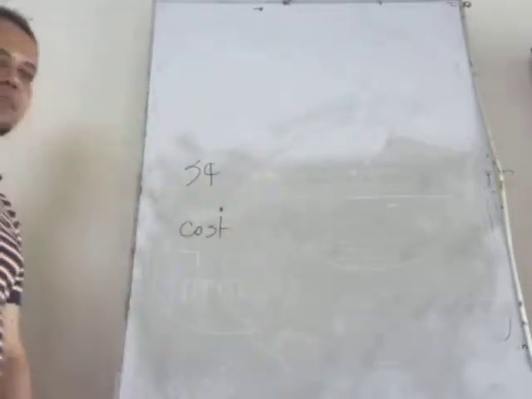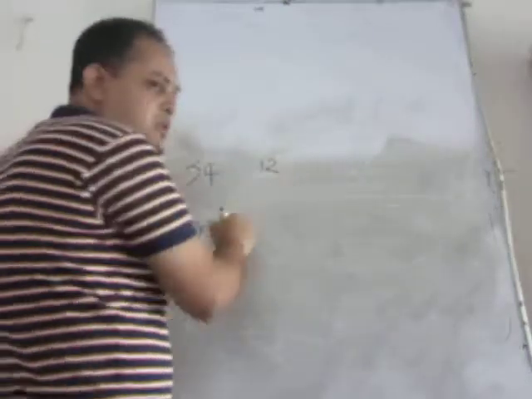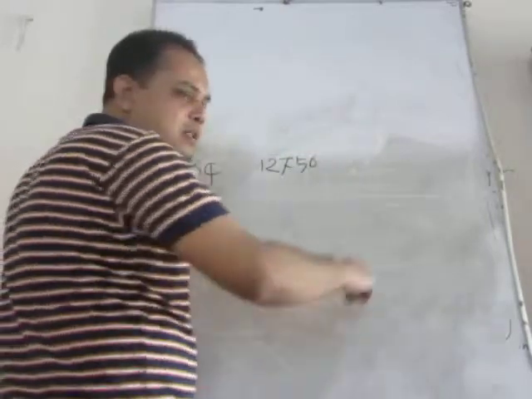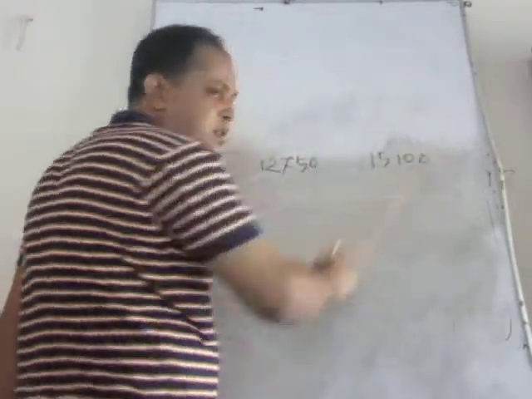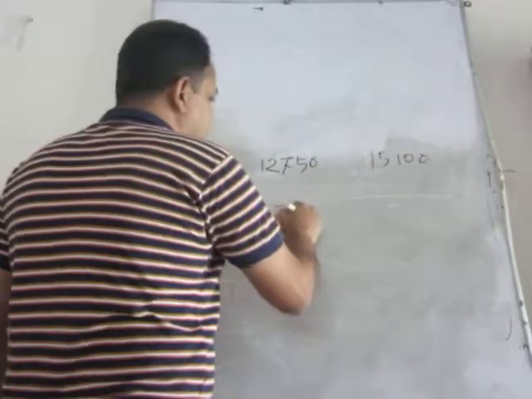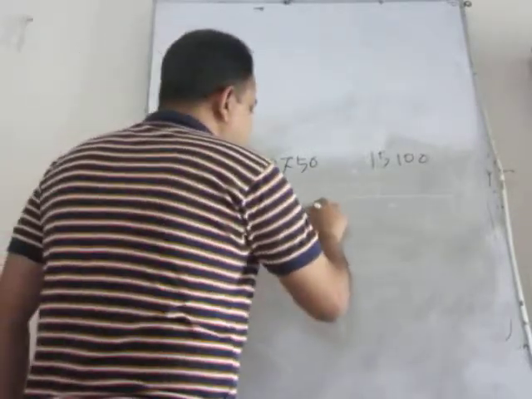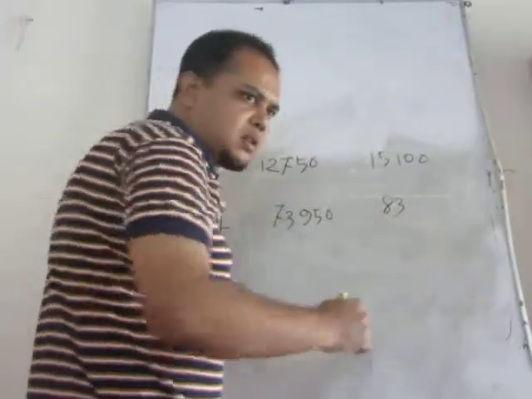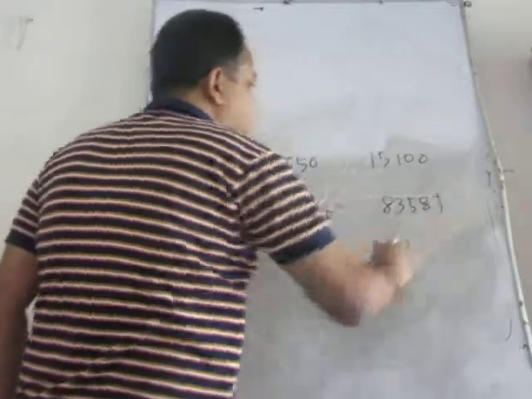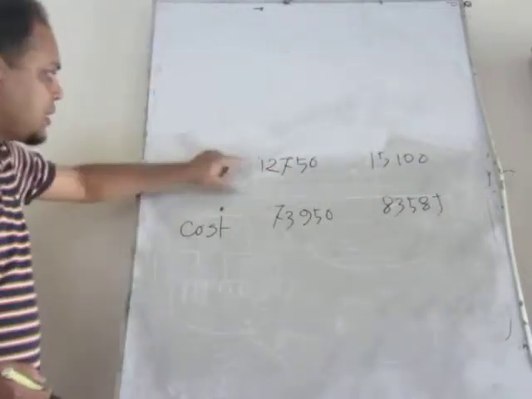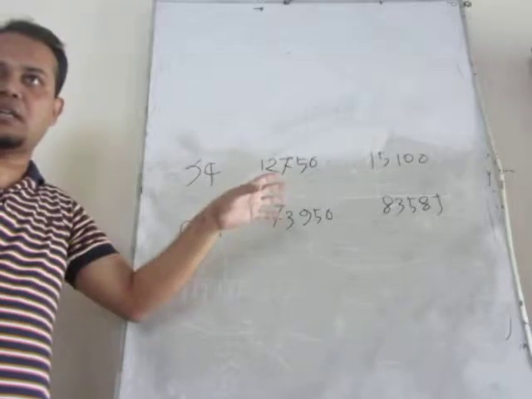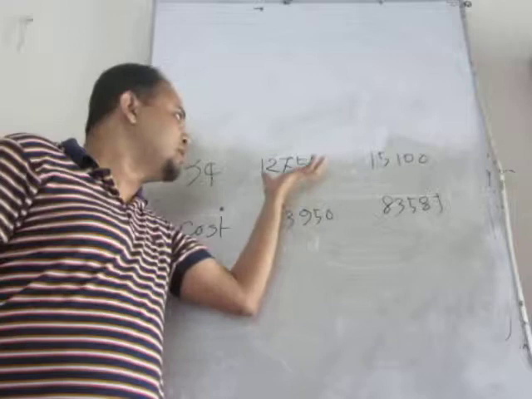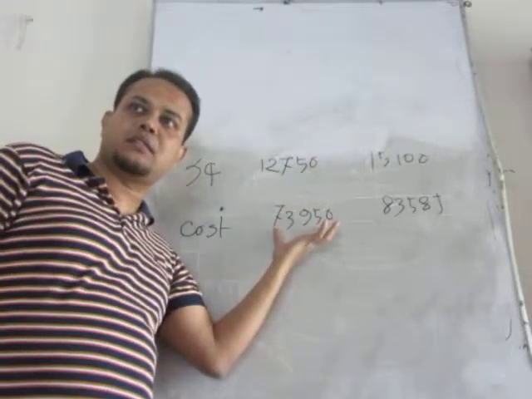These two are provided: 12,750 and 2,100, then 73,950 and 585. So these are the square meters cleaned by individuals, and these are the required costs of doing these things. So this is the unit, and this is the cost.